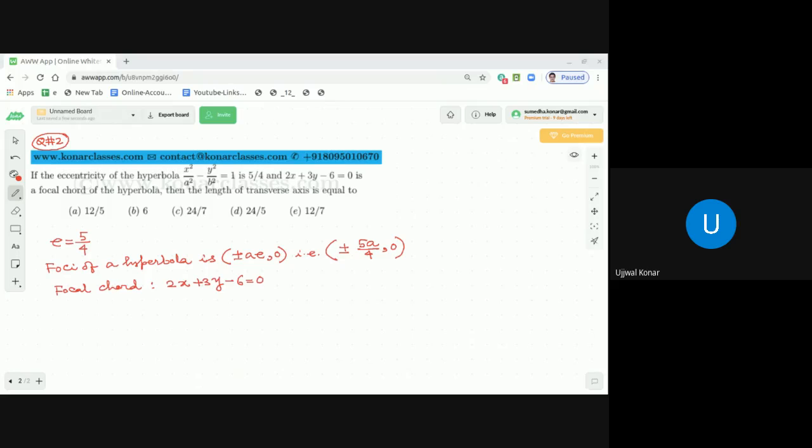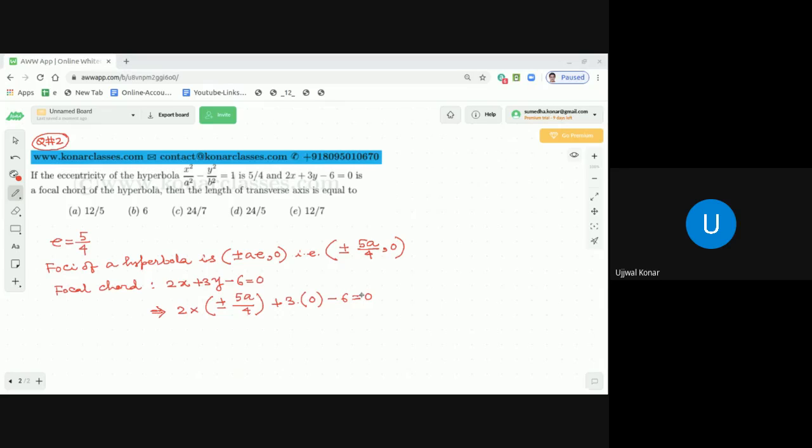That means the coordinates of the focus, plus minus 5a by 4, comma 0, must satisfy this equation 2x plus 3y minus 6 equal to 0. So from here we get 2 into plus minus 5a by 4, plus 3 into 0, minus 6 is equal to 0.